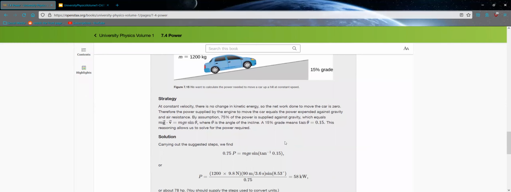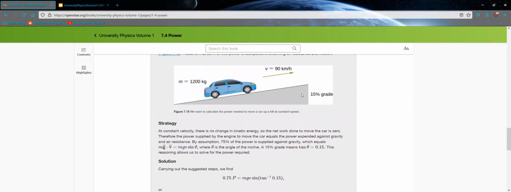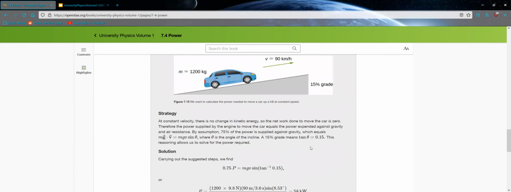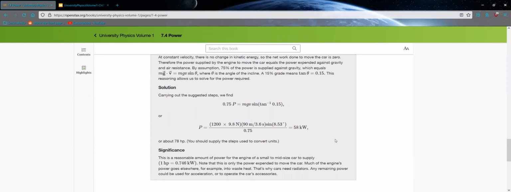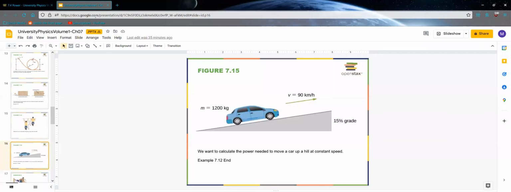So your tangent inverse of theta gives you, SOHCAHTOA, opposite over adjacent, your height, which is what you need to solve your velocity vector. Sorry, a lot of V's there. Remember your trigonometry, essentially, right?